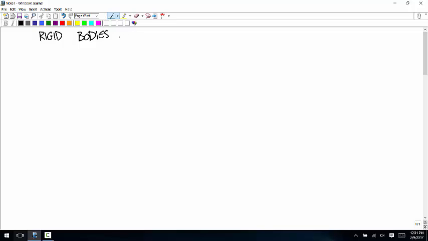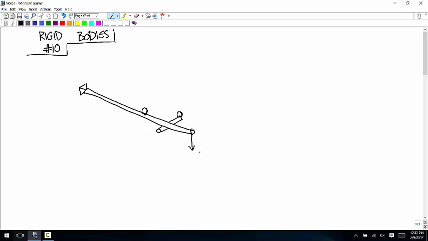Okay, rigid bodies, number 10. So that problem looks like this. You have a downward force of 140 pounds.